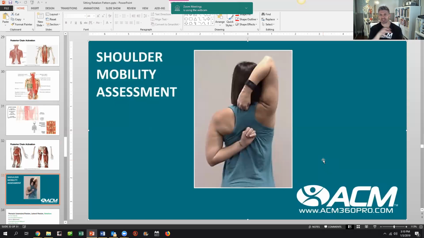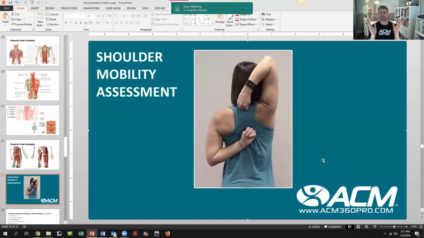But as a way to isolate or break out and say, look, I saw you had some really bad shoulder flexion, and this is my example for me personally. I've got adequate thoracic rotation. I'm at that marker where I'm at 45 degrees, but it's tight, and I can tell it's tight.